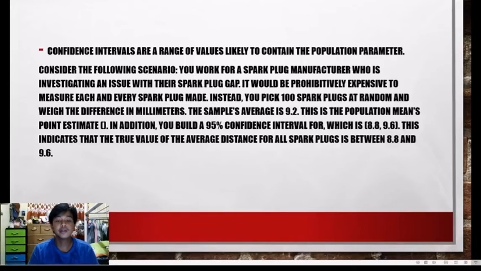The sample's average is 9.2. This is the population mean's point estimate. In addition, you build a 95% confidence interval, which is 8.8 and 9.6. This indicates that the true value of the average gap for all spark plugs is between 8.8 and 9.6.